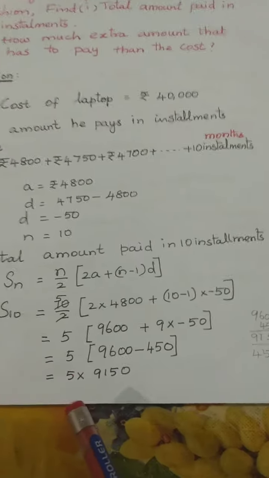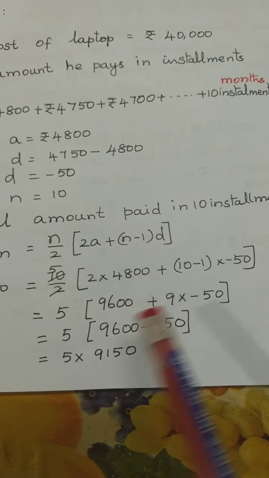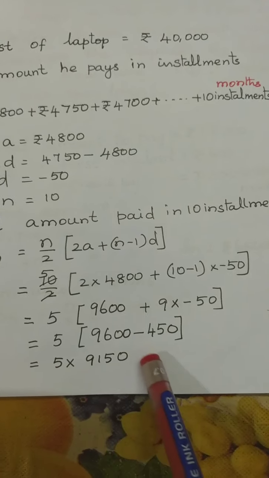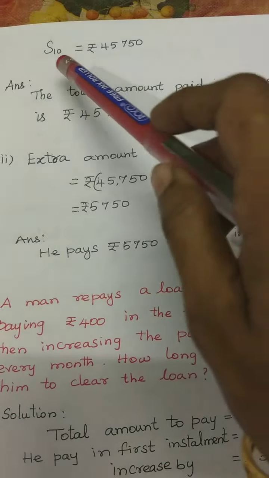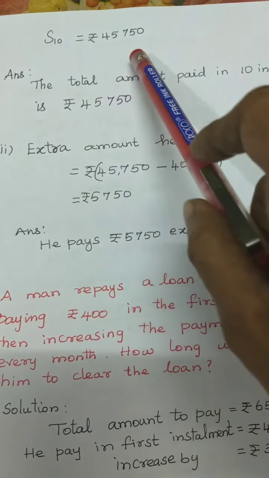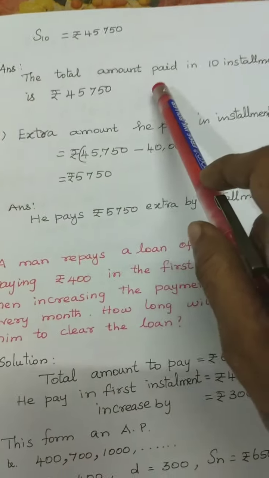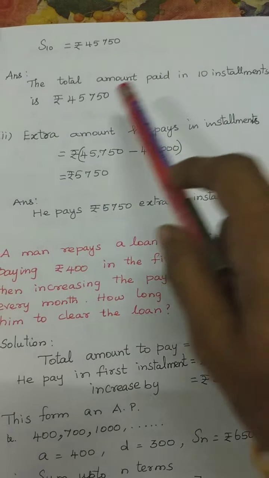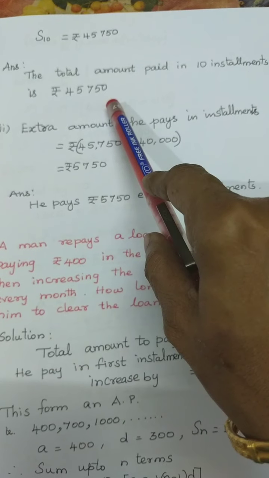So, 9,600 minus 450, so 5 into 9,150. Then after multiplying, Sn is equal to rupees 45,750. The total amount paid in 10 installments is rupees 45,750.